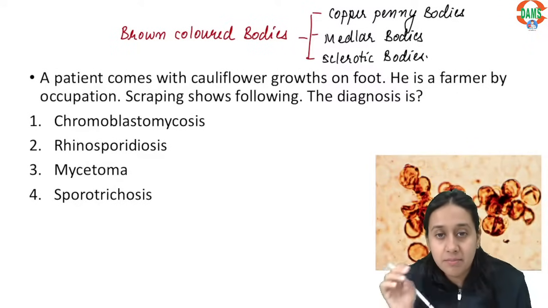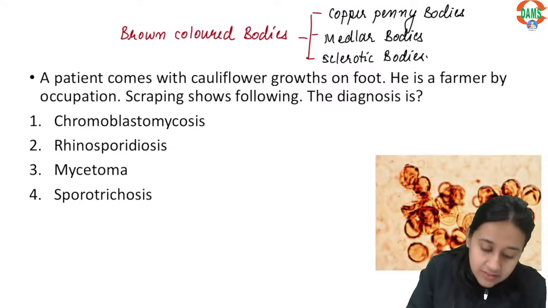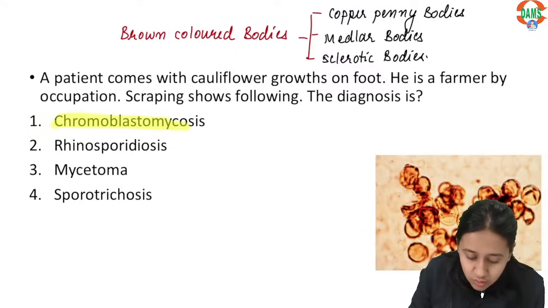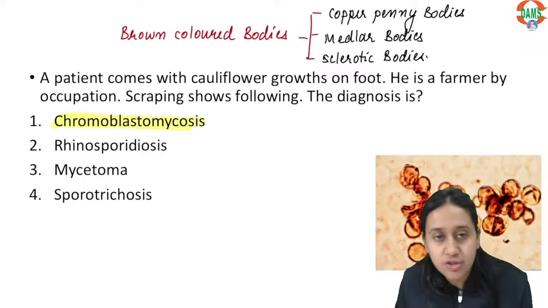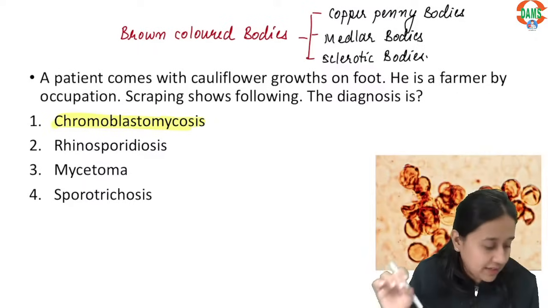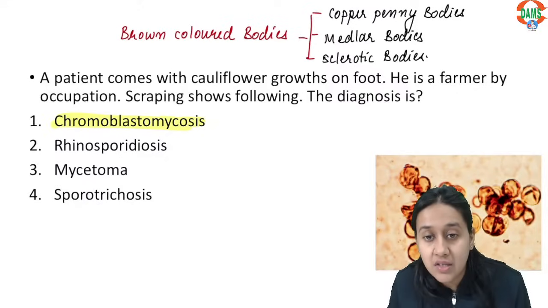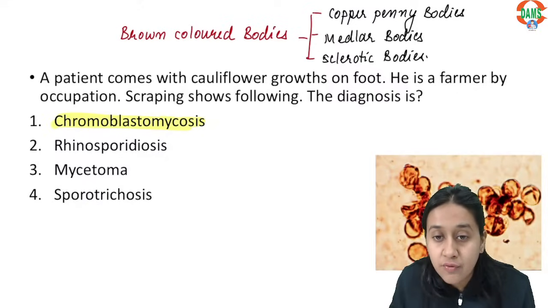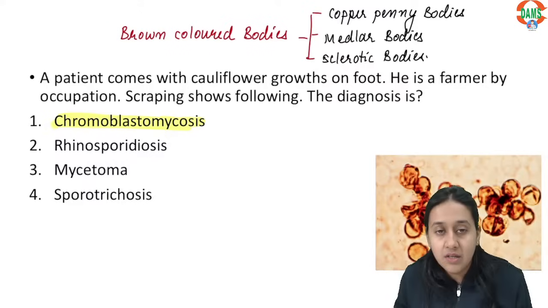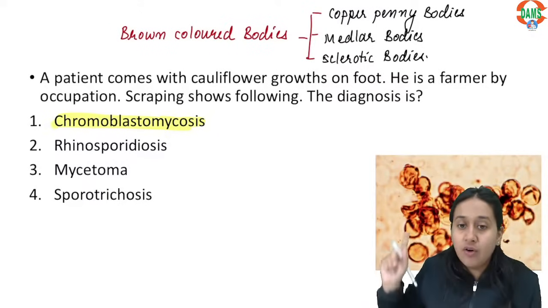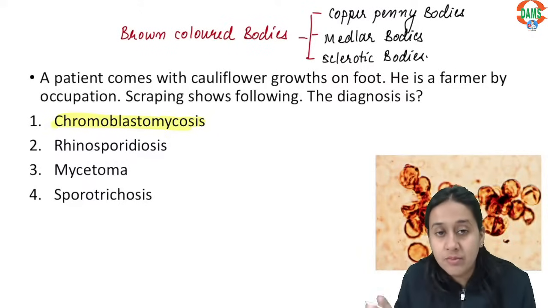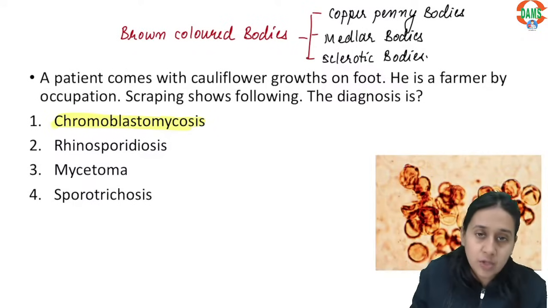Copper penny bodies, medullary bodies, or sclerotic bodies, they are seen when you do the scraping in a patient of chromoblastomycosis. What is this? This is a subcutaneous fungus known as Phialophora verrucosa. Now, when you do the scraping of these individuals or from the lesions, you can see these brown color bodies.